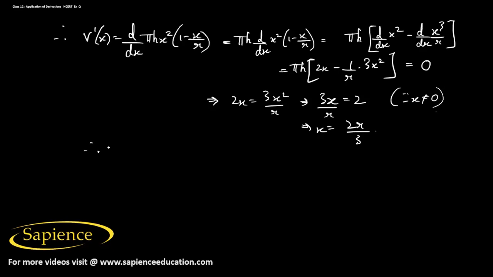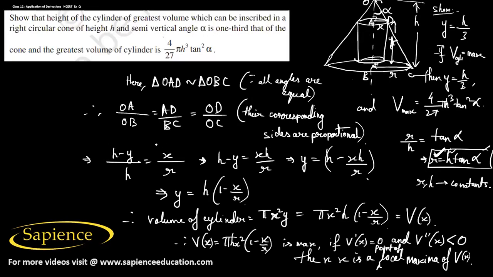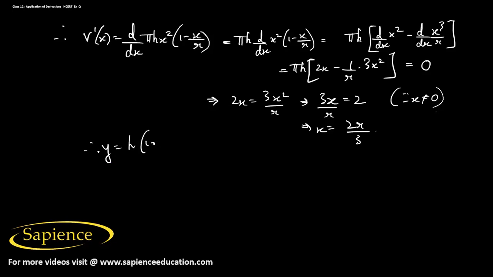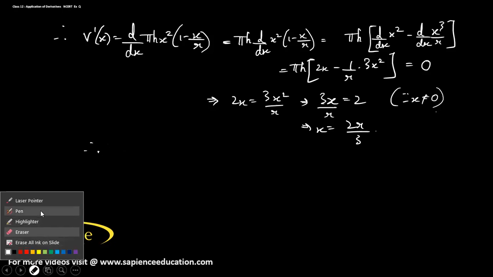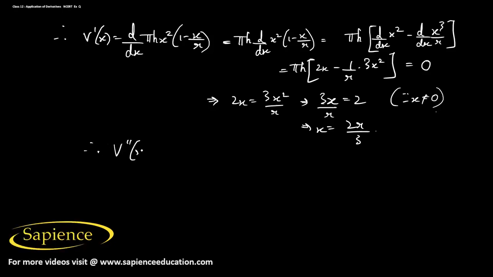Now therefore, y is equal to h into 1 minus x by r. So first we have to find v double dash x, that is equal to d by dx of this function v dash x.